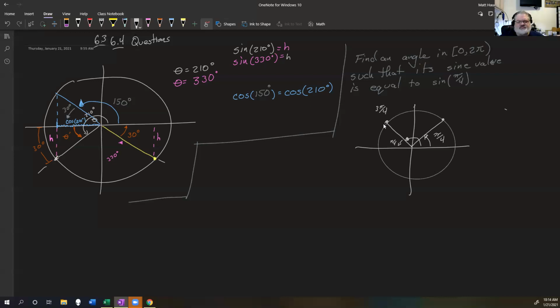Is that horrible? I can try to make it horrible if you want. Now, why not? So let's change this to cosine of 2.3.